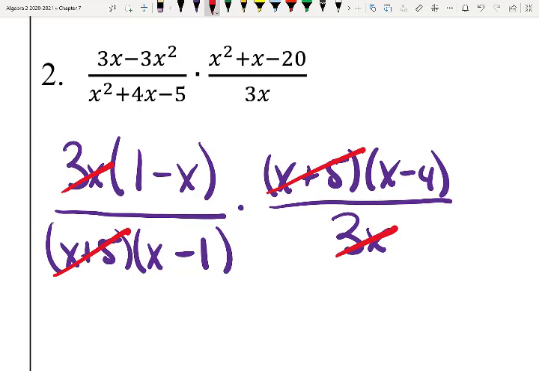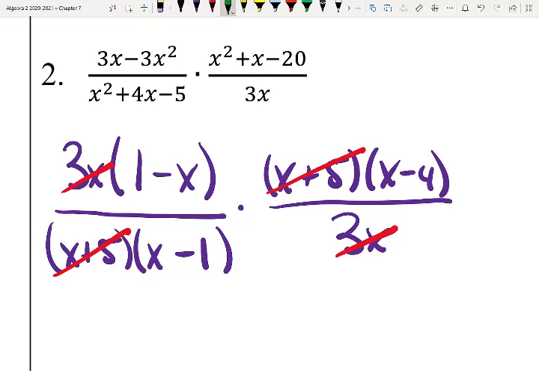They're both subtraction, but the order of them makes that not possible, because I need it to be x minus 1 on both top and bottom, or 1 minus x on both top and bottom, in order for it to be canceled out. So what I can do here is something we haven't had to do before. If I wanted to, because right now this is a positive 1 and a negative x up top.